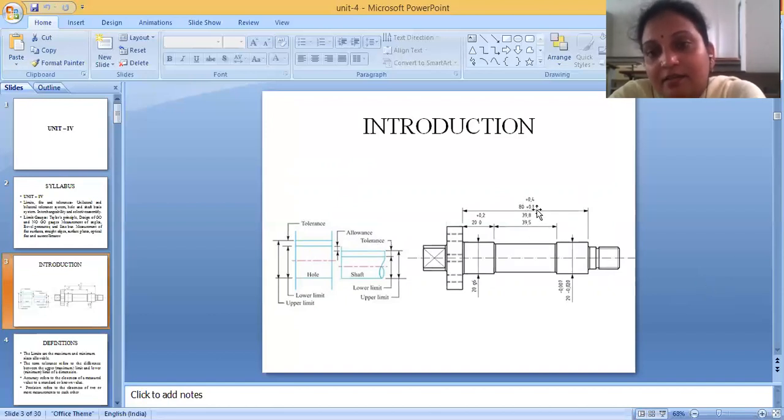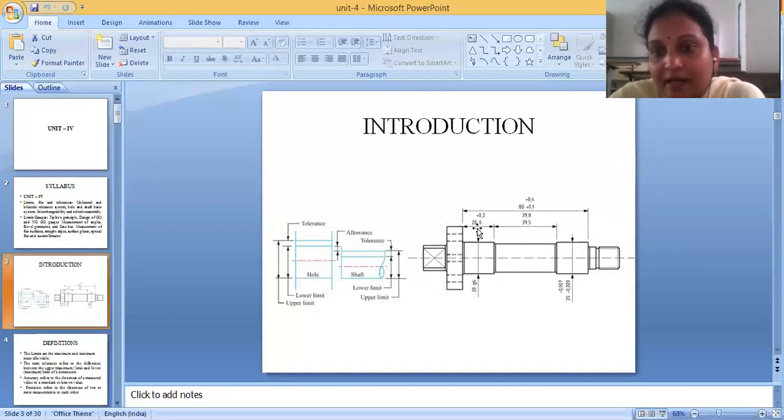Here the difference between the upper limit and the lower limit is called its tolerance, in the sense the difference between the upper value and the lower value. In this case you have two signs, plus and minus. If you look at the dimension 20 here, the upper deviation is plus 0.2 and the lower deviation is 0.